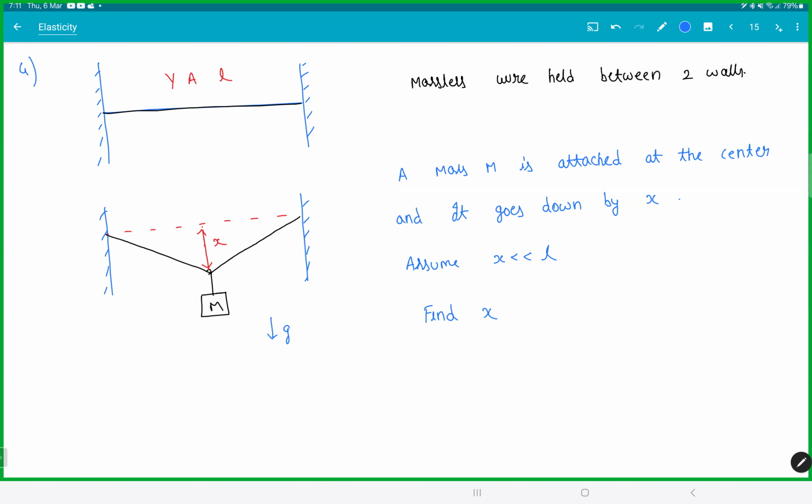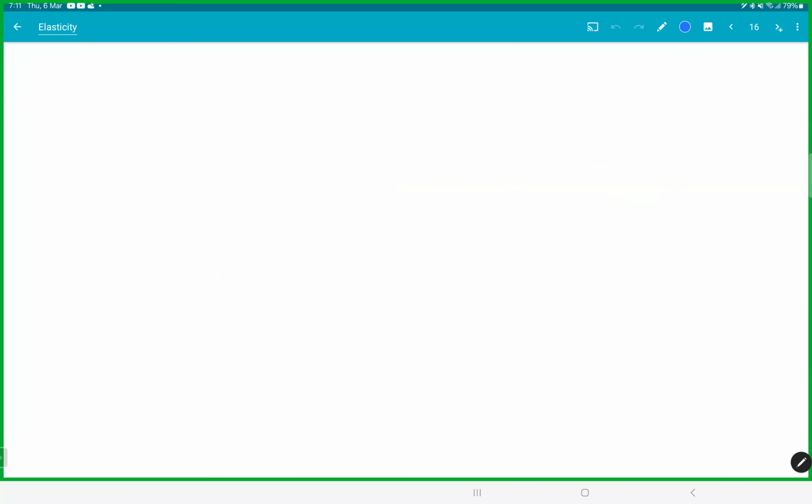Let's see. So when the wire becomes like this, this length is x, this is L by 2, this is L by 2, let this be theta.